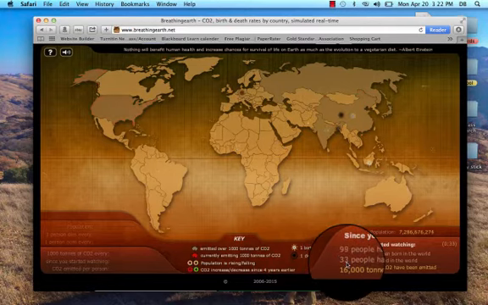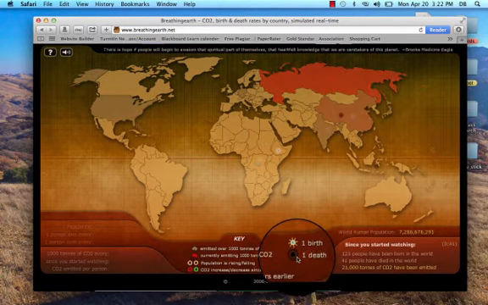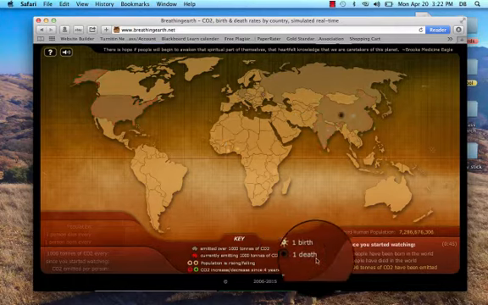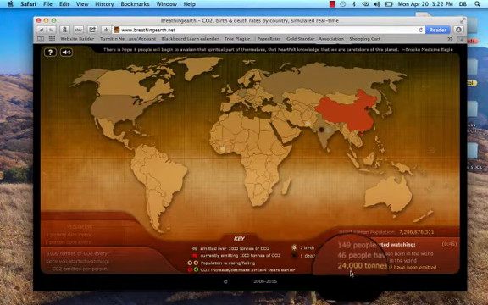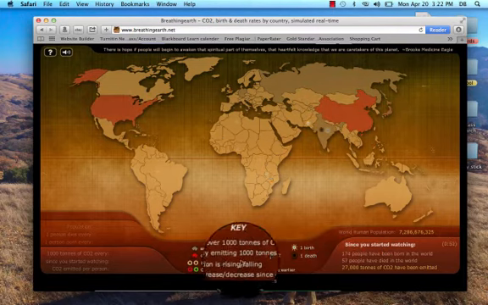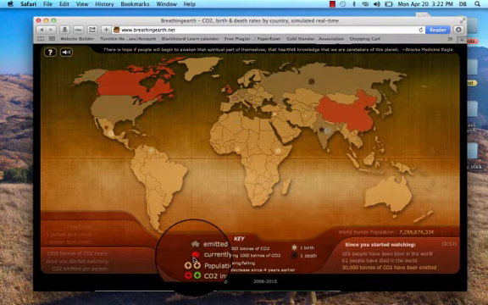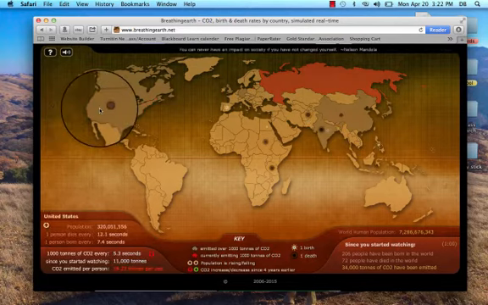It also shows us how many people have died. So when you see one of these little black circles, that's representing a death. And then it also shows us how many tons of CO2 has been emitted. And you can see that in the country here, if it shines red, that means that it has emitted 1,000 tons of CO2.